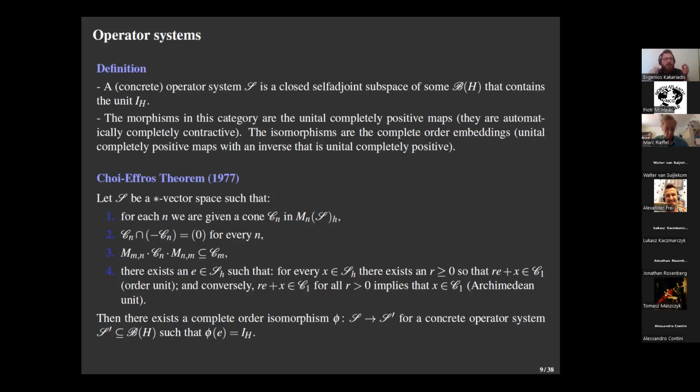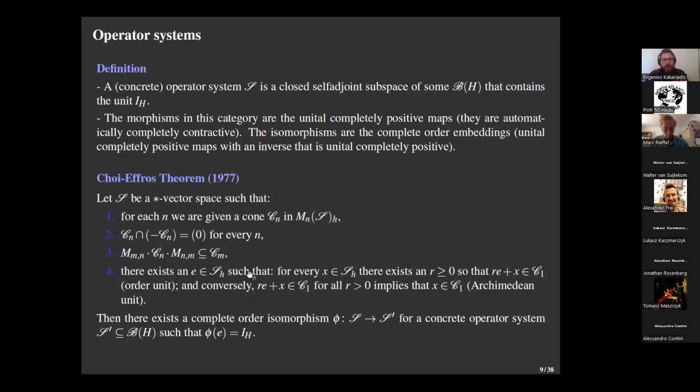And the way to do it is you take the unital completely positive maps of S into M_n, and then you add them up in a sense, and you show that this is the complete order isomorphism that you want.